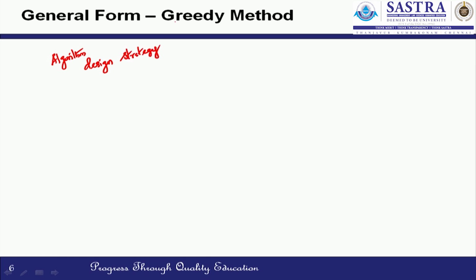Like divide and conquer, greedy is an algorithm design strategy that applies heuristic logic. So the greedy method is most suited to solve optimization problems. With respect to the objective function, either minimization or maximization, we can apply the greedy method.